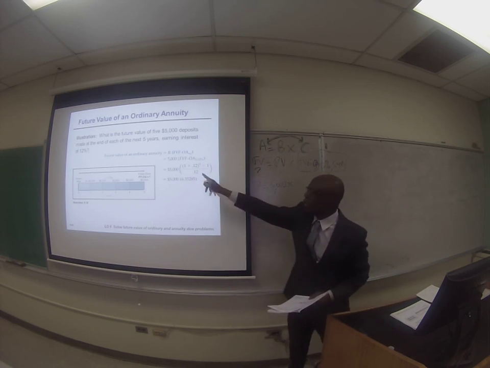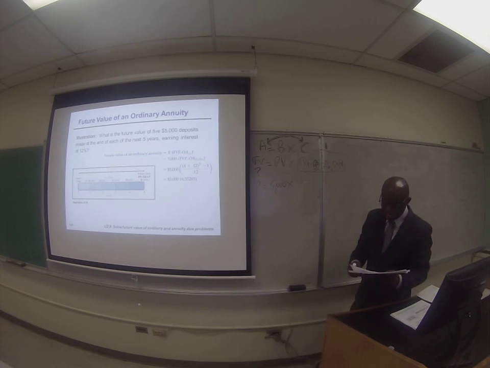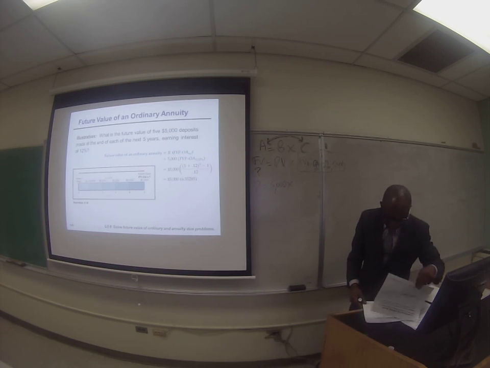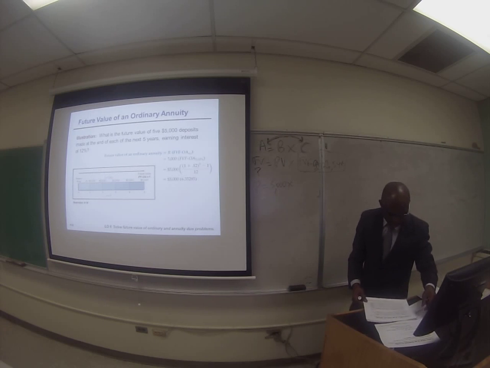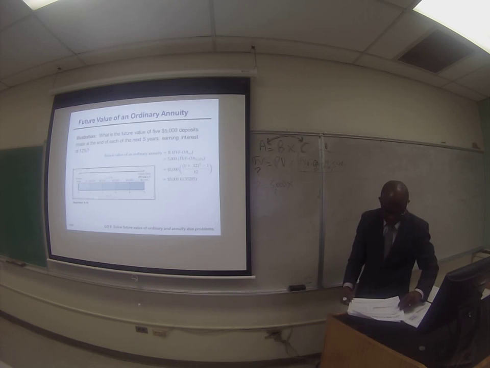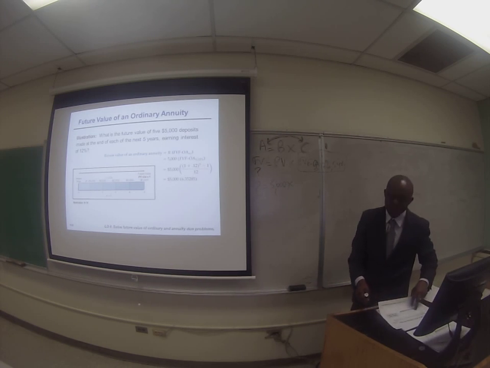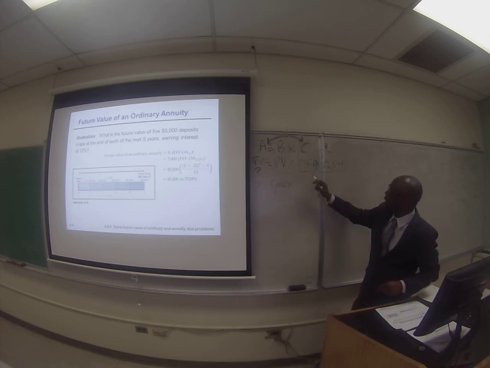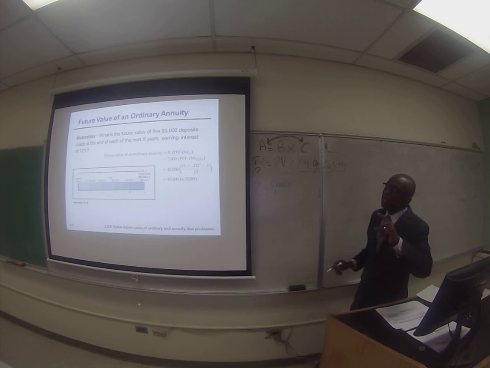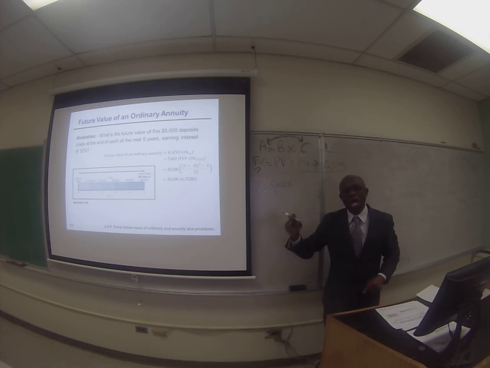So like I said, we can use the formula or we can use the table. So let's take a look at the table. Now the question is, which table are we going to use here? We are going to use the future value table, but not the future value of a single sum, because we are not dealing with single sum now, rather we are dealing with annuity.